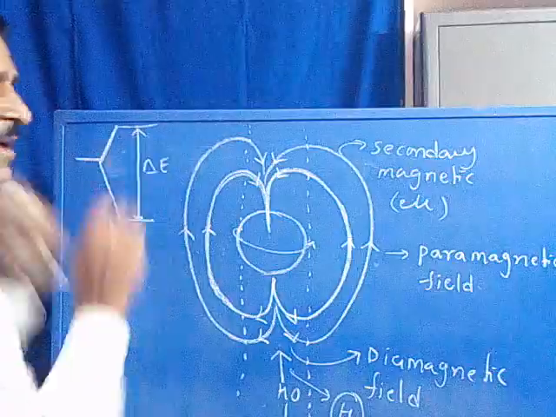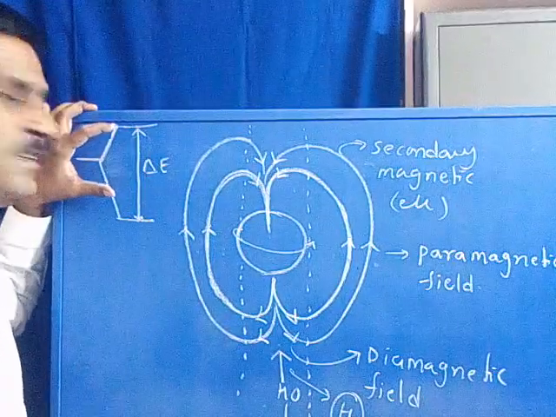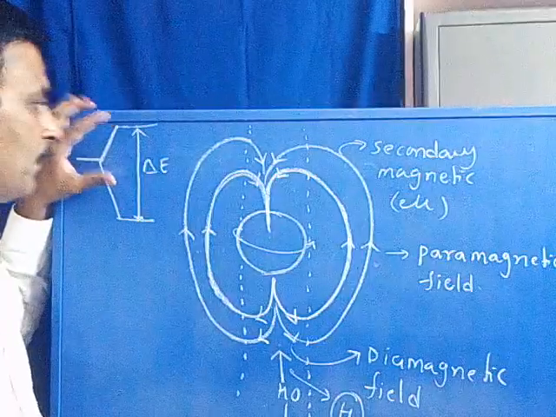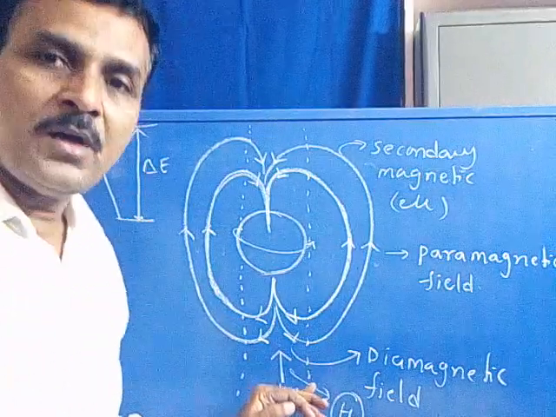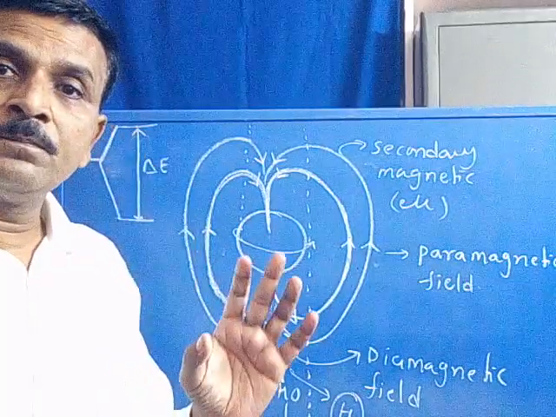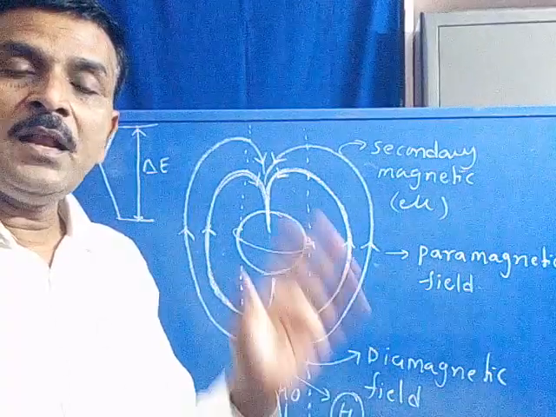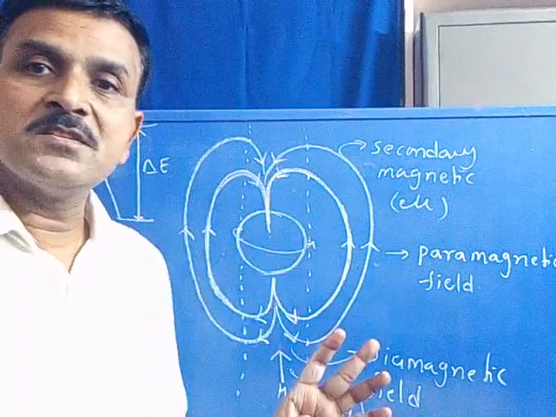Say this is delta E. The energy splitting for a degenerate energy state will be larger. That is, for protons situated in the diamagnetic zone, the energy state is split into energy levels by a larger difference.